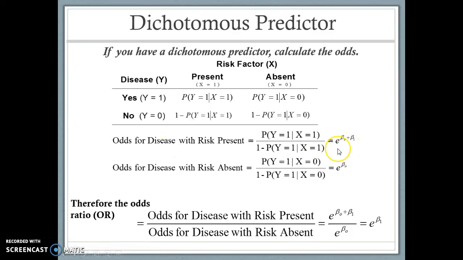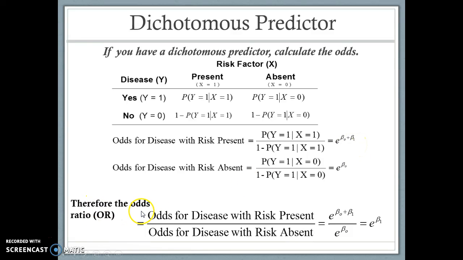These values here, the number e raised to the beta naught plus beta 1, are the odds of the disease with the risk factor, and then the odds of the disease without the risk factor is just e raised to the beta naught. Don't worry about those terms. I'm just showing that so that people that are more inclined to calculus can understand how we got those values.